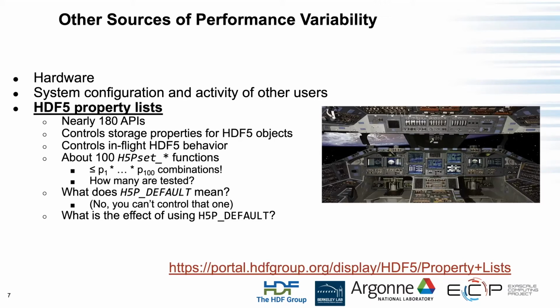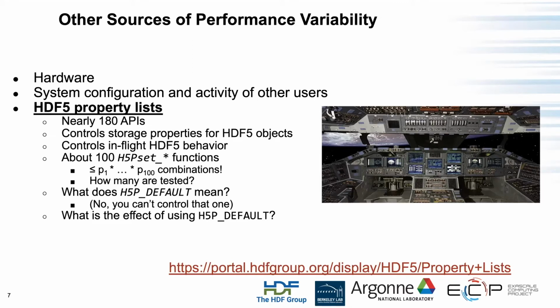And what we find is that when you first implement an HDF5 API and you see that you can put H5P default for a lot of those properties, that's what users who maybe don't have a lot of experience typically do, because it gets them up and running quickly. The problem is you don't really know what the effect of using H5P default actually is.